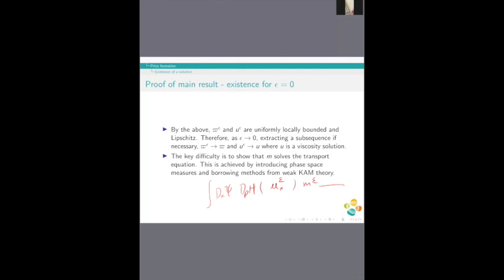And for this, we use some phase-space measures and borrow some methods from weak KAM theory to be able to pass to the limit in objects like this, where you have a nonlinearity in this problem.